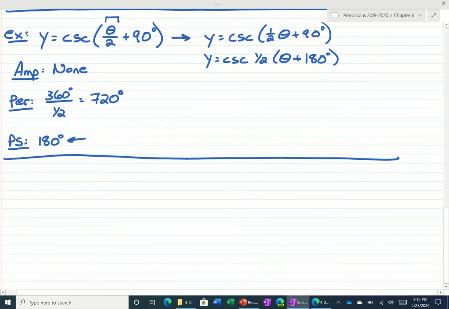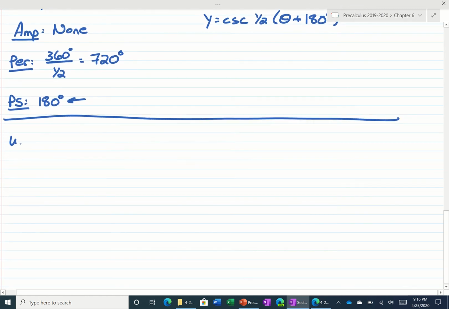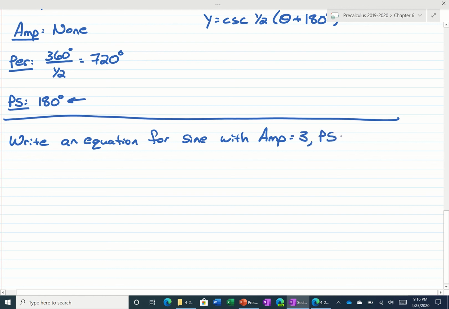Let's try something else. What if I asked you to write an equation for sine with an amplitude equal to 3, phase shift of 30 degrees to the left, and period of 180 degrees?